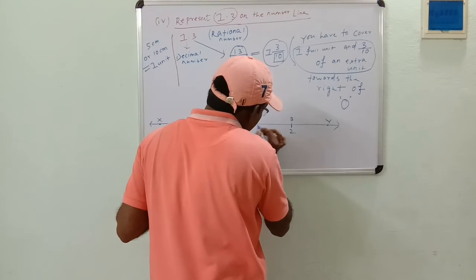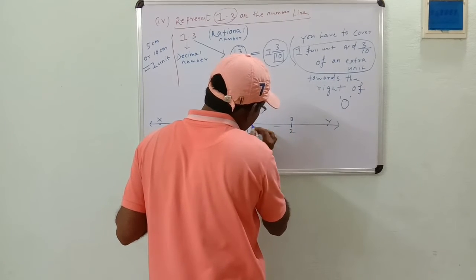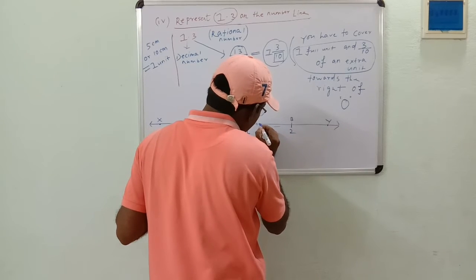It means this length from A to B will be divided into 10 equal parts.